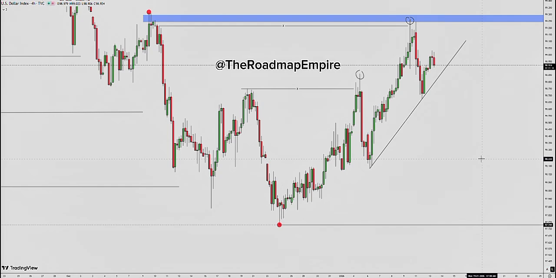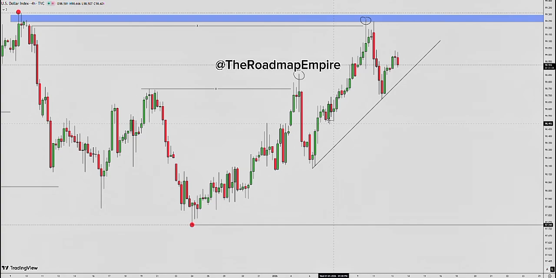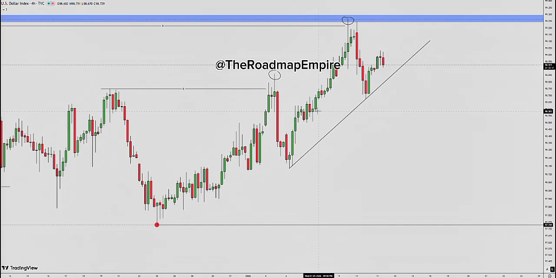I'm seeing a zone that will want the market to not just break the neckline of the head and shoulders pattern, but also break a zone where we'll see strong resistance, so that the market can break, retest that level, and then we start pushing to the downside.